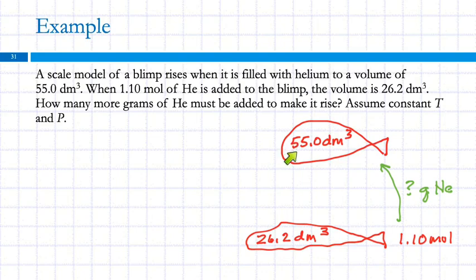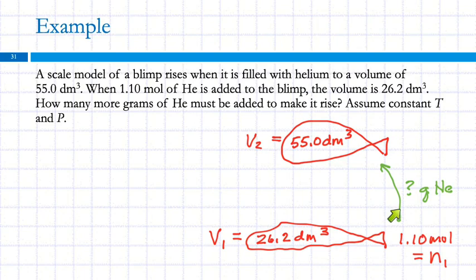This is a volume, right? And that's a volume. And this is an amount of gas in moles. Which one should we call 1? This down here, the beginning. So this is volume 1, and this is the amount of gas in moles at that condition. When we get it to float, this is volume 2.